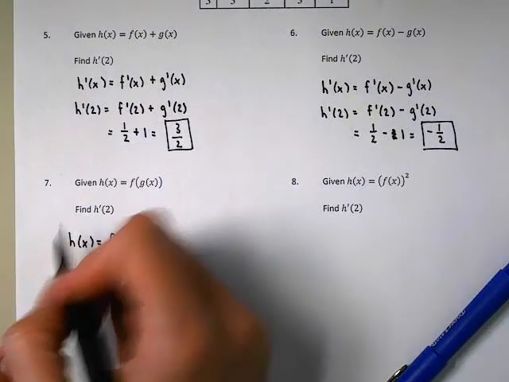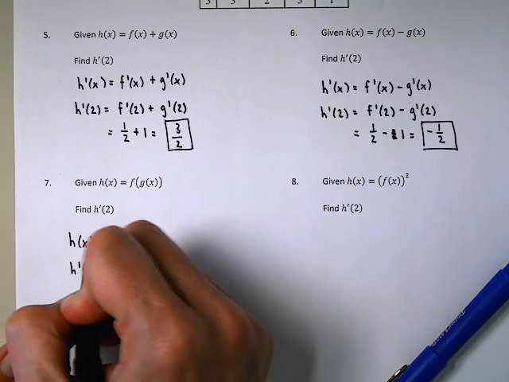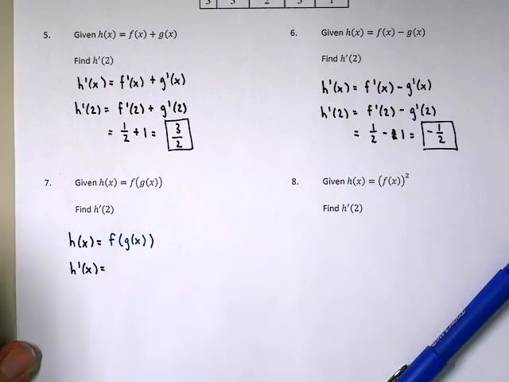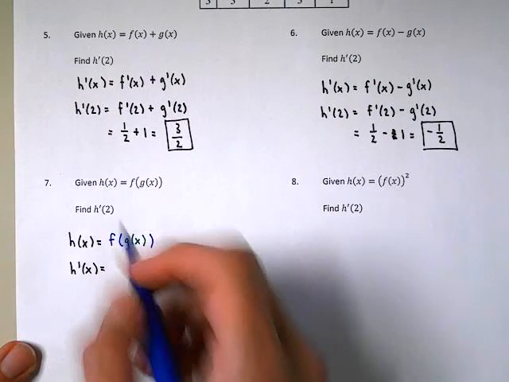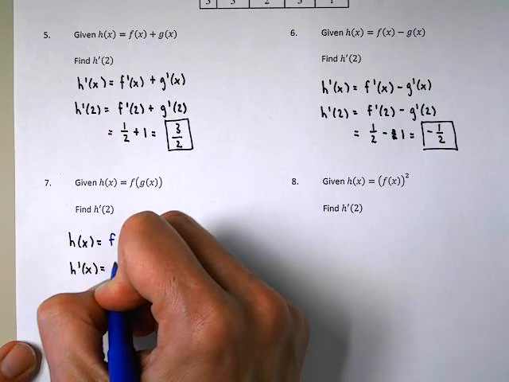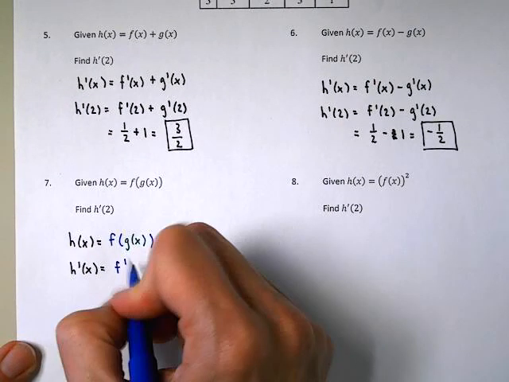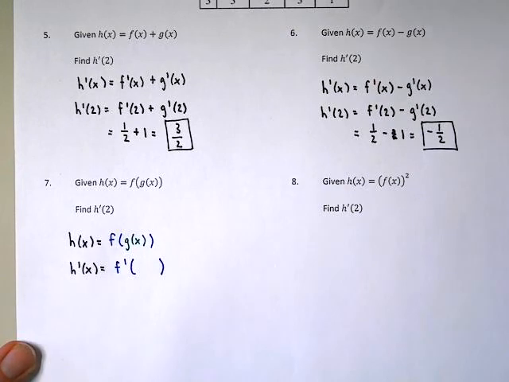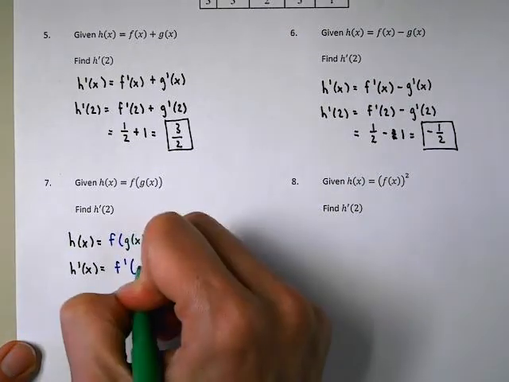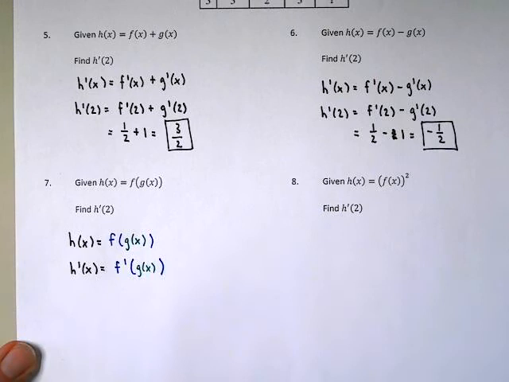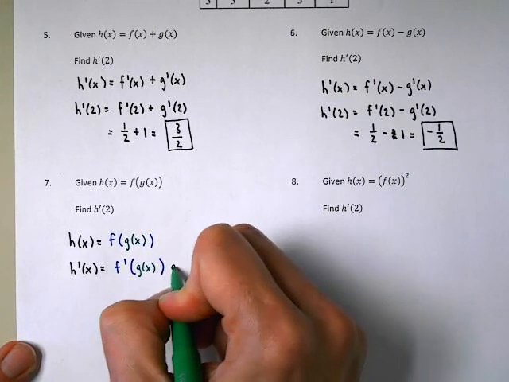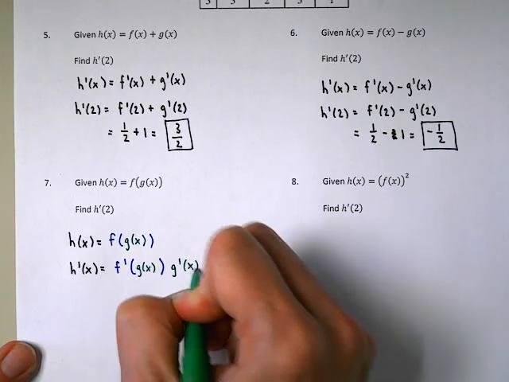So if I want h prime of x, we know that we take the derivative of the outside first. So f prime, our inside stays the same, and then we multiply by the derivative of the inside.